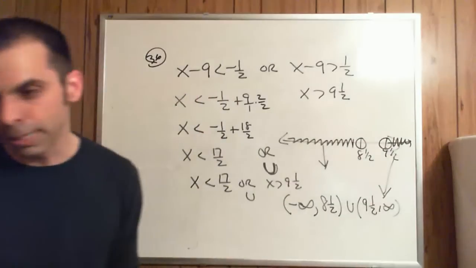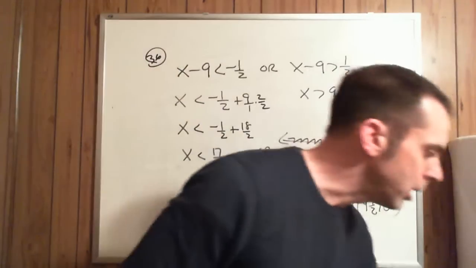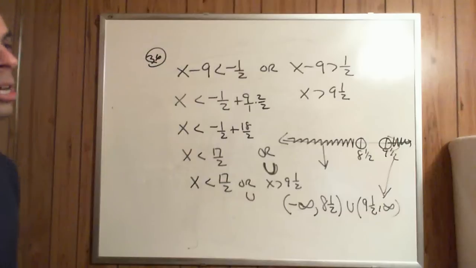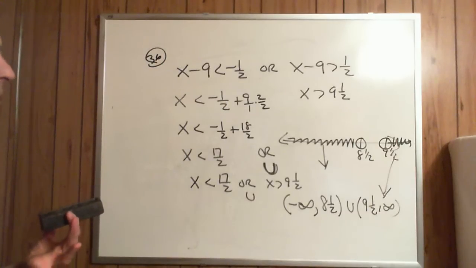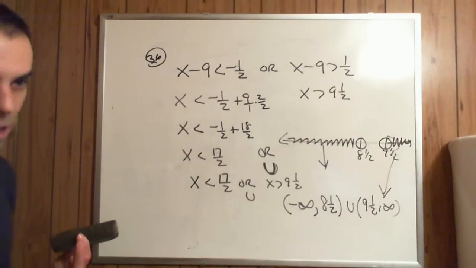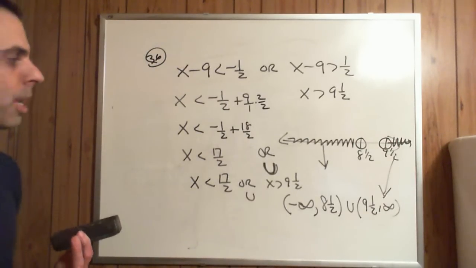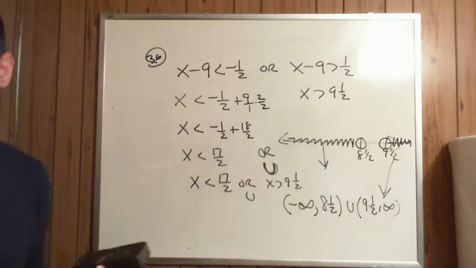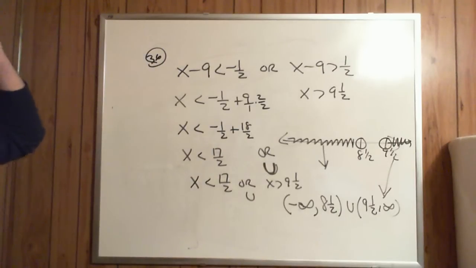We use ands and ors in everyday life sometimes. In and, we're talking about the intersection between two sets, and with or, we're talking the union between two sets. Okay?